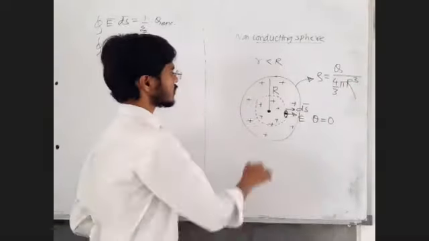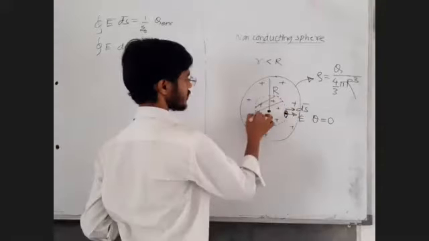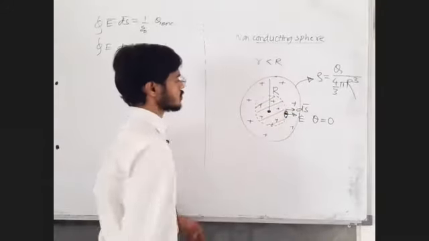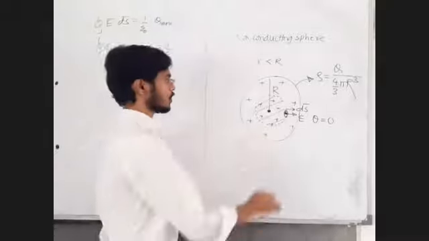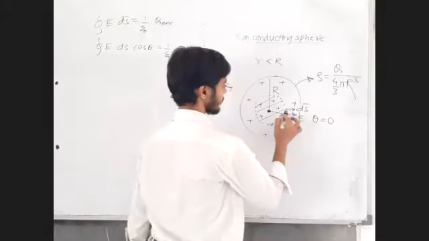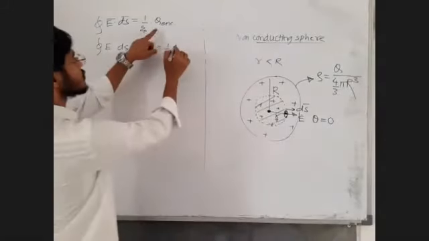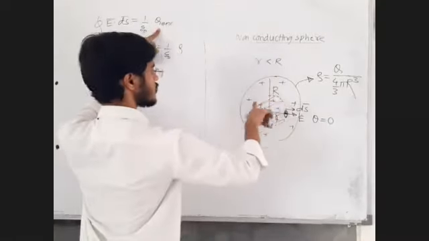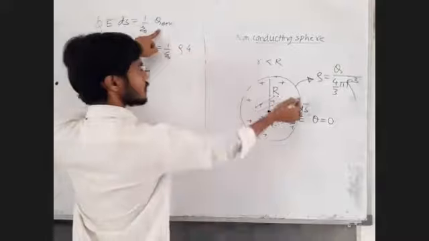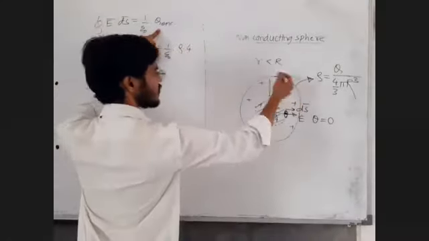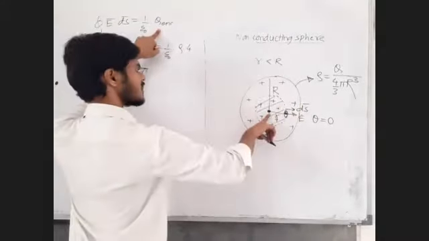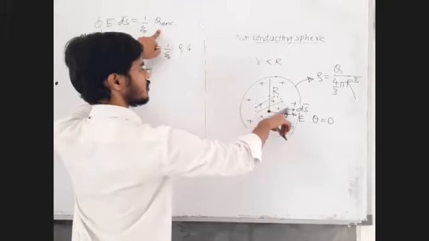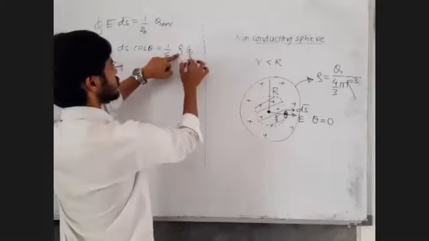But I want the charge enclosed in the Gaussian surface. So I want this charge: charge per unit volume into enclosed volume, not the volume of the entire object. I don't want the entire charge. I want charge per unit volume into enclosed volume.